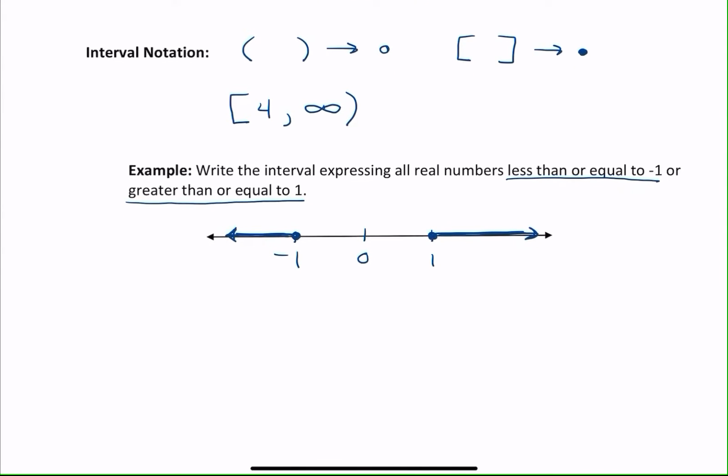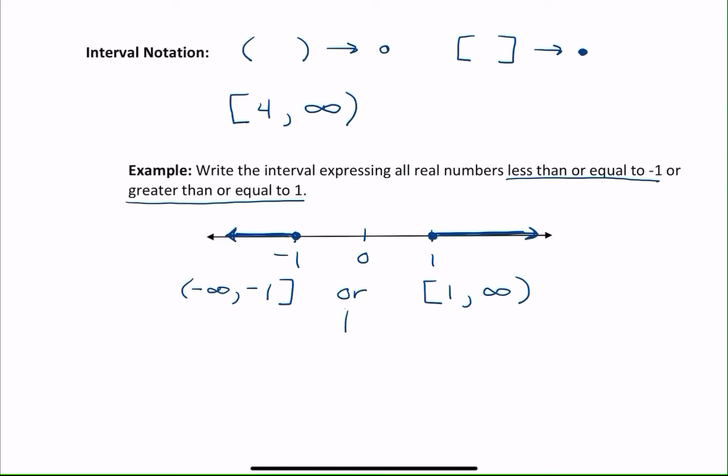So if I'm writing that in interval notation, the less than or equal to -1 is going to be from negative infinity up to -1 with a bracket, or 1 to infinity.